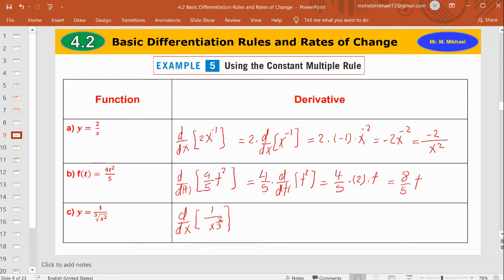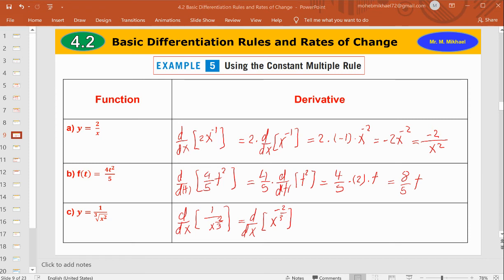Still in annoying form because it's in the fractional form. Can I get it up? Yes, this is equivalent to the derivative of the following: x to the power negative 2 over 3. Yes, guys, when you get something from down to up, you change the exponent and you make it a negative exponent.